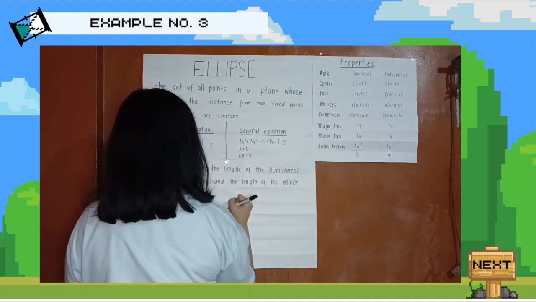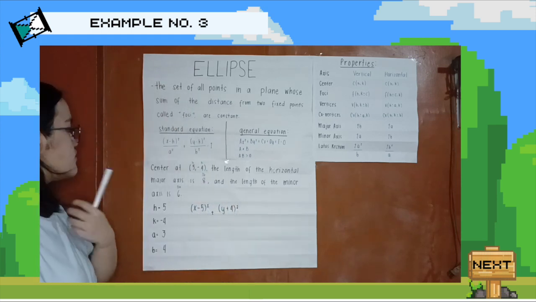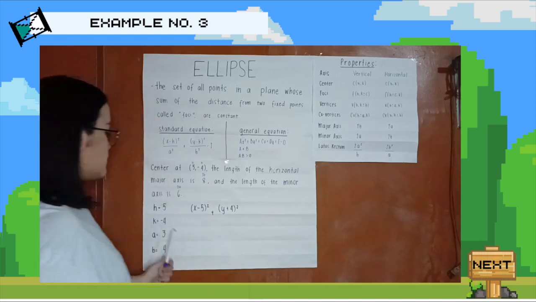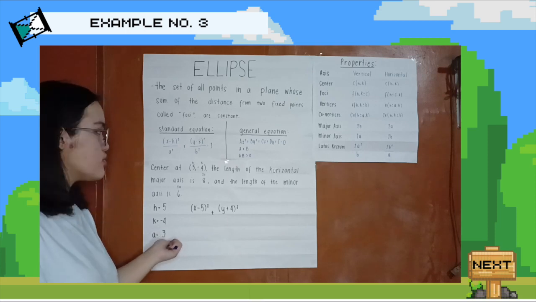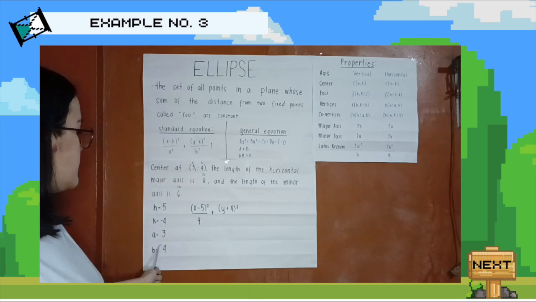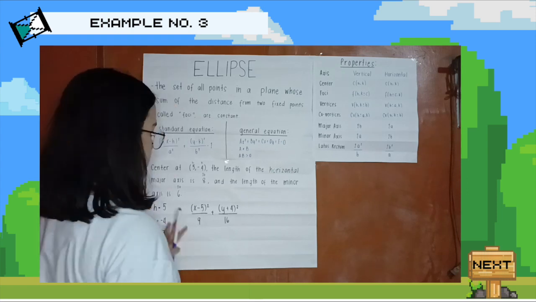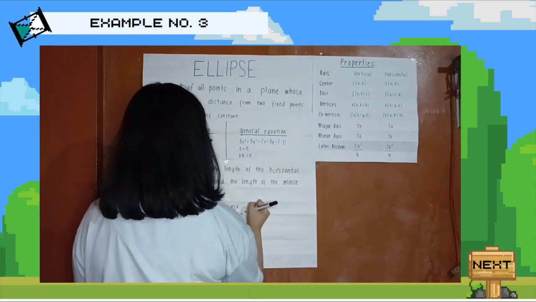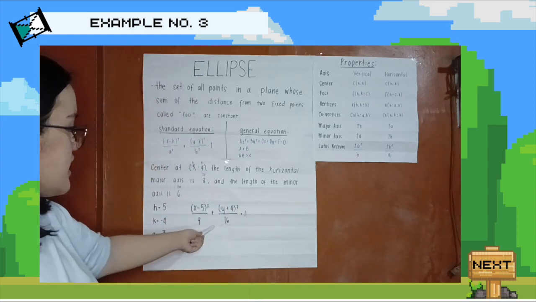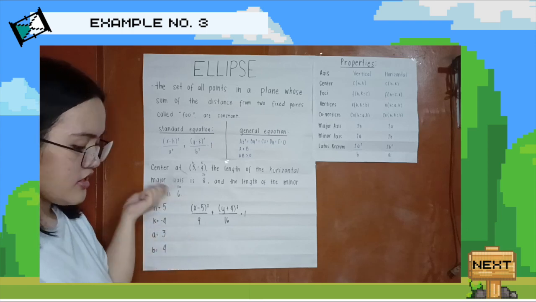So y plus 4. To get a squared, we need to square this 3. So 3 squared is equal to 9. And we also need to get b squared. So b is 4, so 4 squared is equal to 16. Equal to 1. And after we substitute, we need to get the LCD of 16 and 9. So the LCD of 16 and 9 is 144.